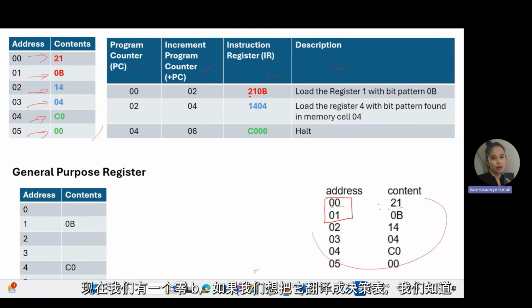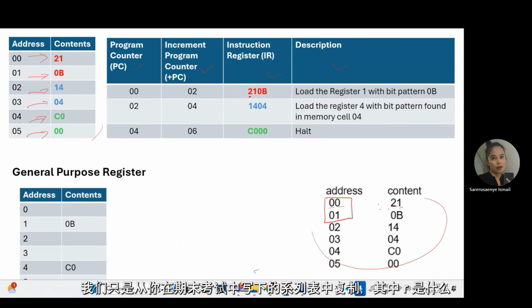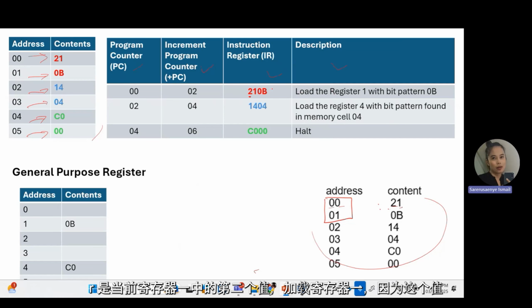If we want to translate this using the description table, we just copy from the description table. You write down in your final exam: load the R. What is the R? R is the second value in your current register, number 1. Load register 1 because this value is 1, just replacing it in here with 1. With what bit pattern? That is the 3rd and 4th digits. So the current bit pattern is 0B.